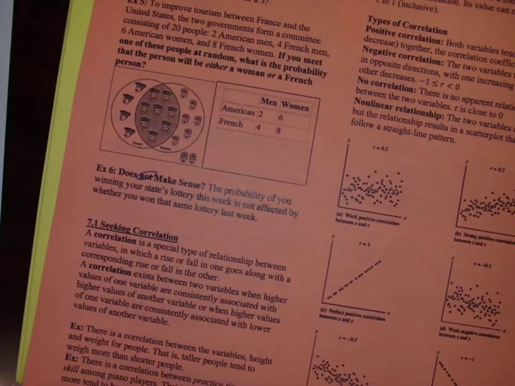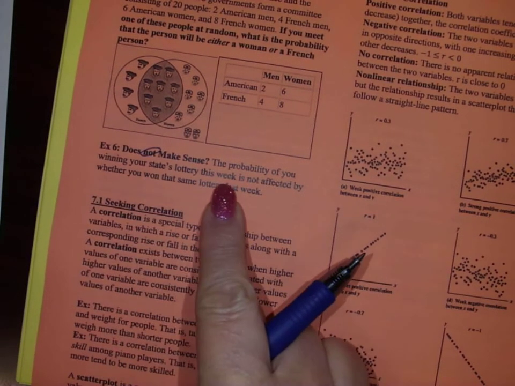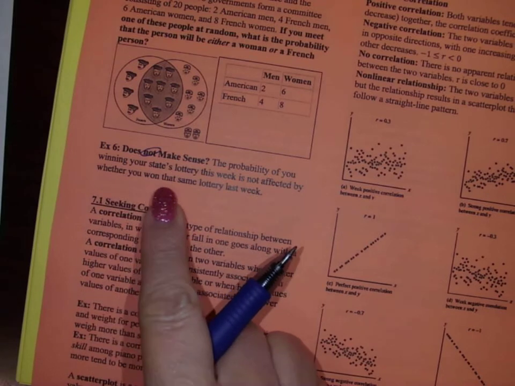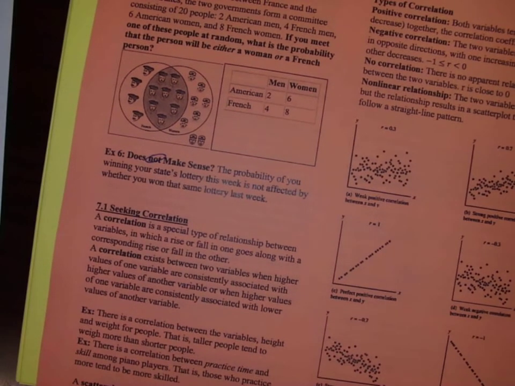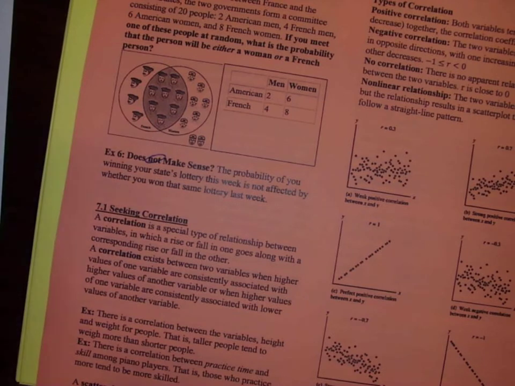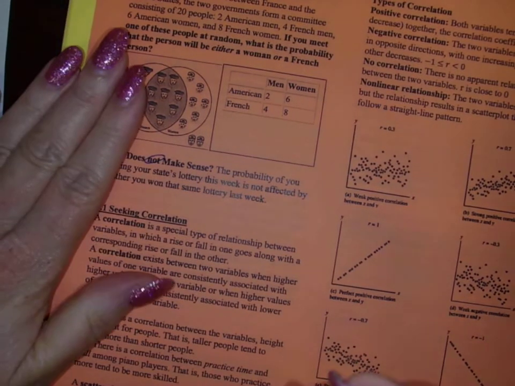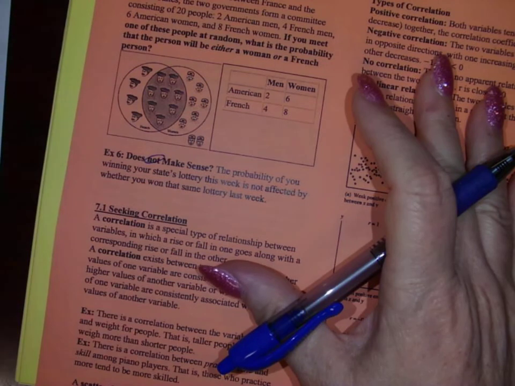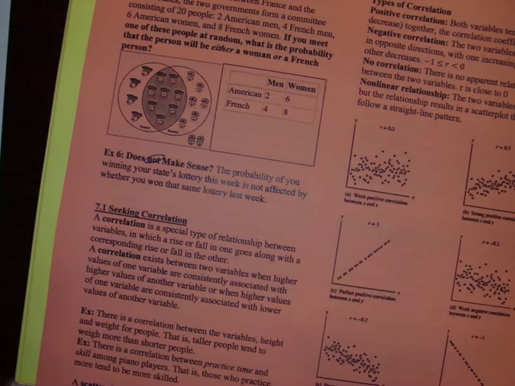The probability of you winning your state's lottery this week is not affected by whether you won that same lottery last week. Does it make sense? Well, that makes sense.